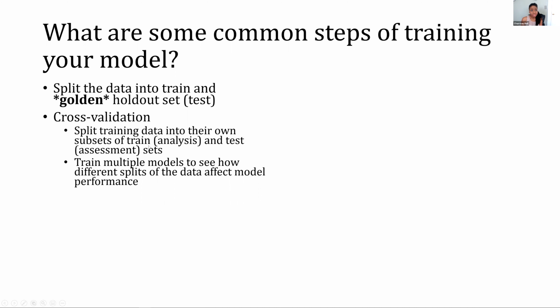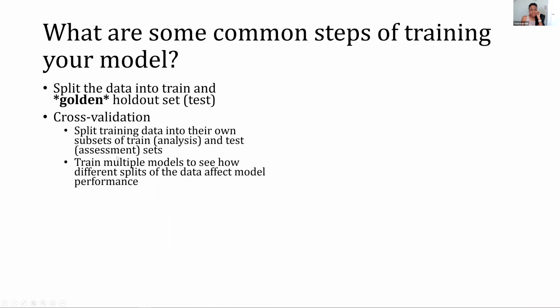So we repeat the splitting of the data randomly or otherwise, and we'll talk about some different ways that you can do this resampling of your training data. And we look at the performance of the model on these separate assessment sets. So this is one step that you might do. And again, this is going to help you to understand the performance of your model, as well as any hyperparameters that you might have built in.